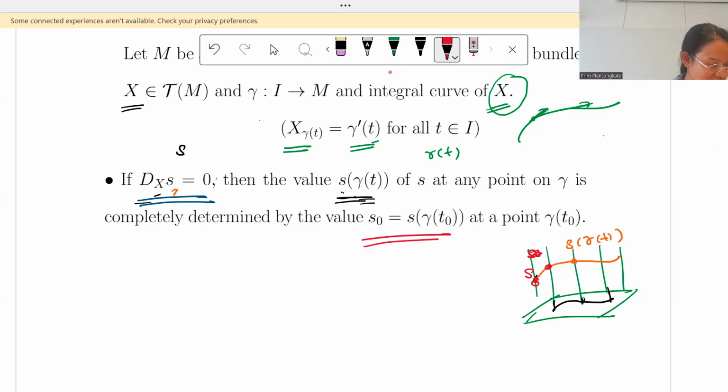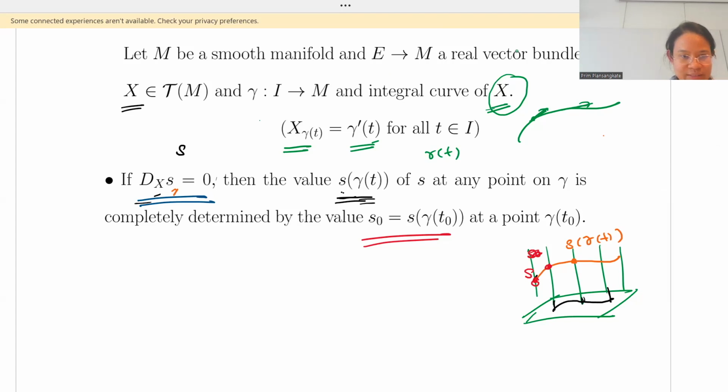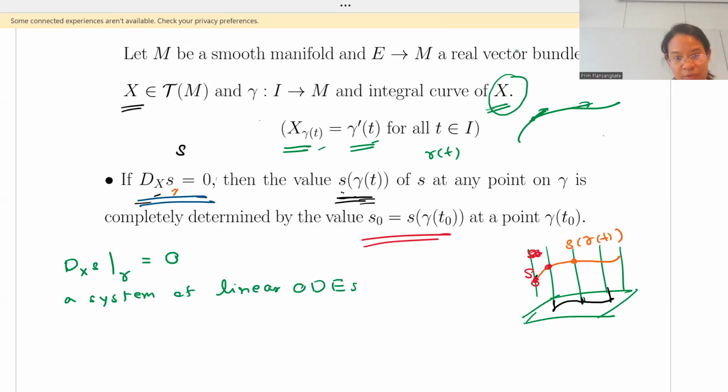This is the case because if we look at this equation restricted on gamma, then this equation is actually a system of linear ODE. It's an ODE in the t variable because we restrict to the curve. And as a linear ODE, there is a theorem that there exists a unique solution for each initial data.